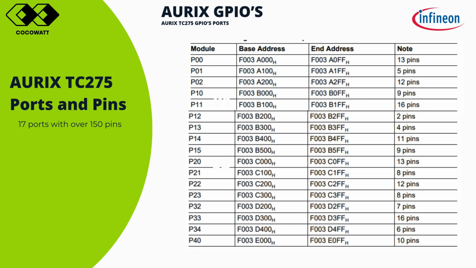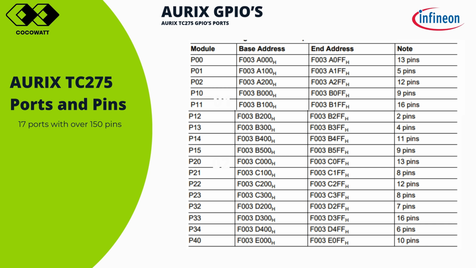The AURIX 275 comes with 17 ports and each port has a varying number of pins. These pins serve as the primary interface between the microcontroller and external devices. You can see that port 0 has 13 pins, port 1 has 5 pins and port 2 has 12 pins, and the list goes on. In total, the TC275 has over 150 pins, offering exceptional flexibility to connect with a variety of external devices and peripherals.